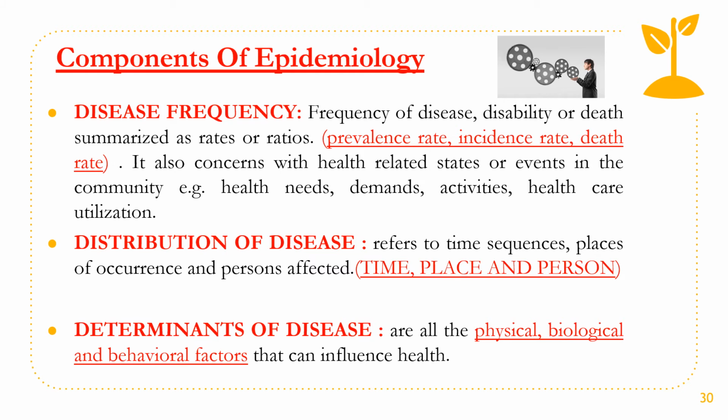The next one is the distribution of disease. It refers to the sequence, places of occurrence, and persons affected, that is time, place, and person. This is very important in descriptive epidemiology. Then determinants of disease, like physical, biological, and behavioral factors that can influence health.